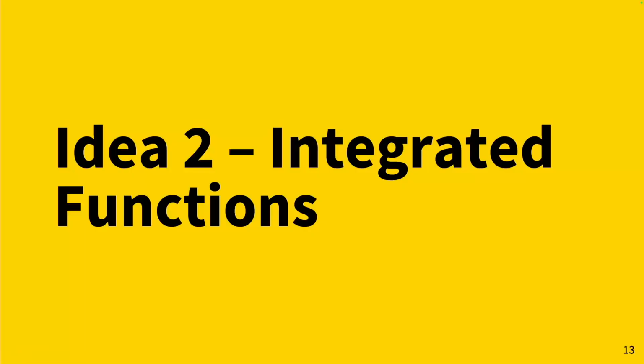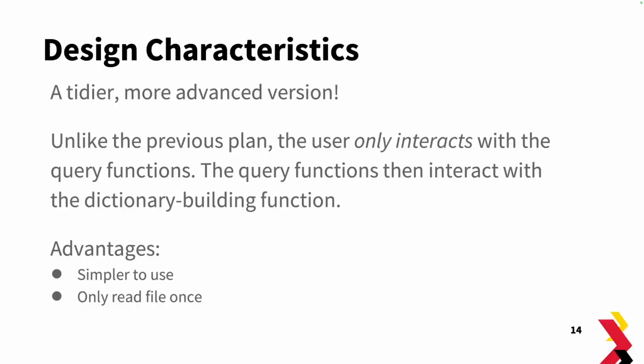But we have another one here, integrated functions. What does that mean? Well, it's a little bit tidier and more advanced version, but it'll make your life a little easier in some other ways. Unlike the previous one, the user only interacts with the querying functions. Right? They don't touch the build index or build dictionary.